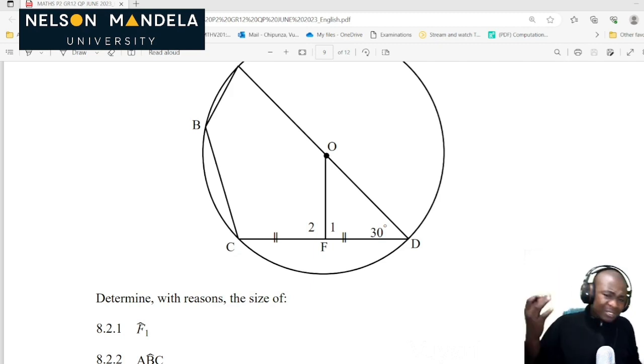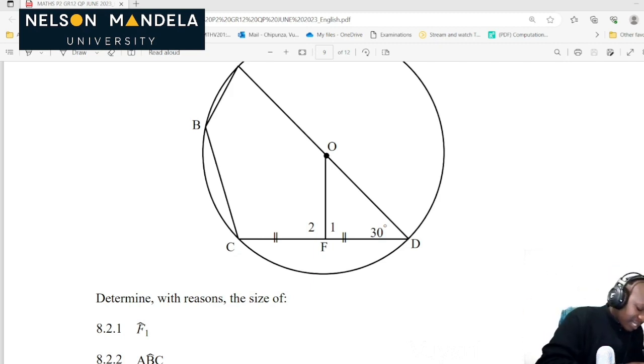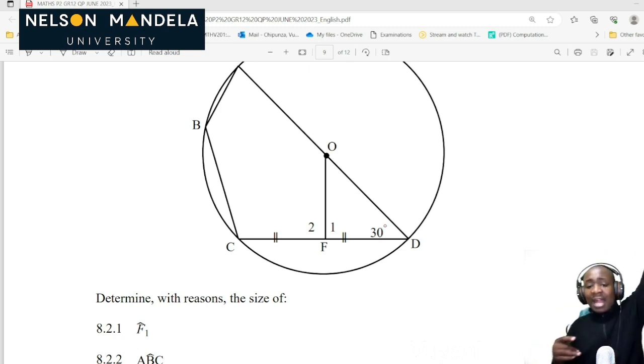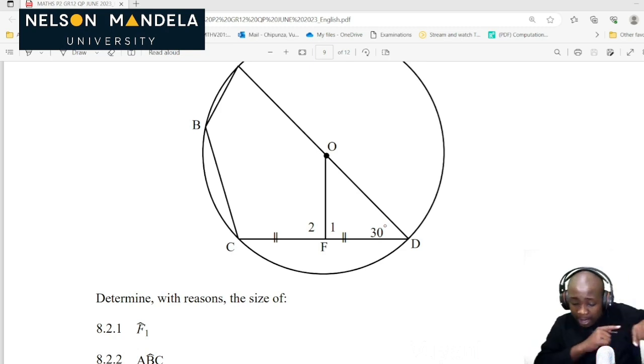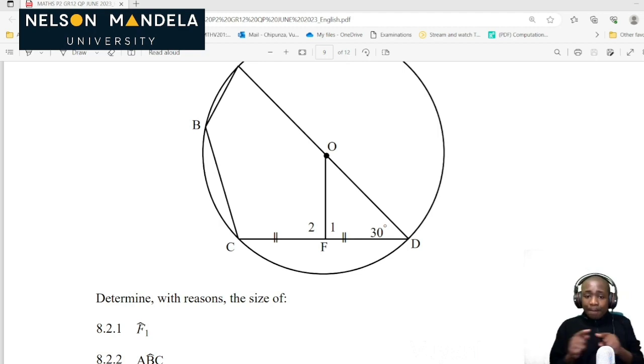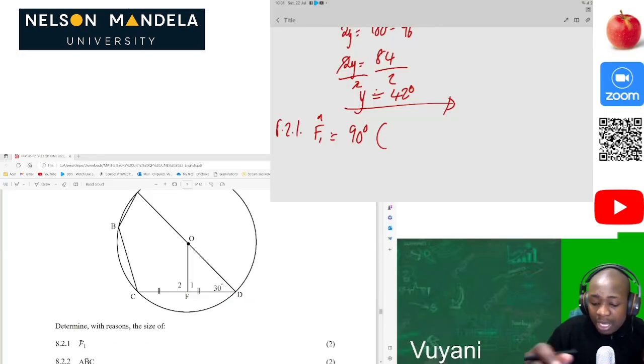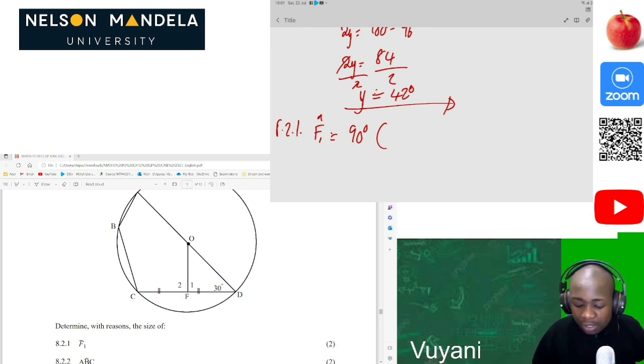Of course, F1 is equal to 90 degrees. Why is F1 equal to 90 degrees? Because a line from the center bisects the chord. That's already as easy as that. F1 is equal to 90 degrees because we have already seen that CF is equal to FD, those two sides are equal to each other.